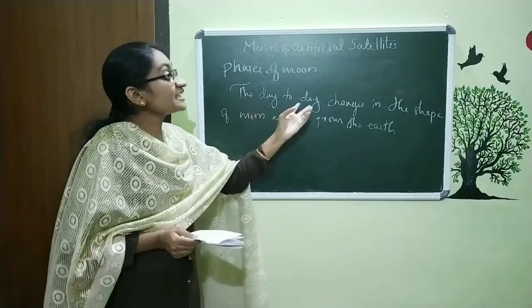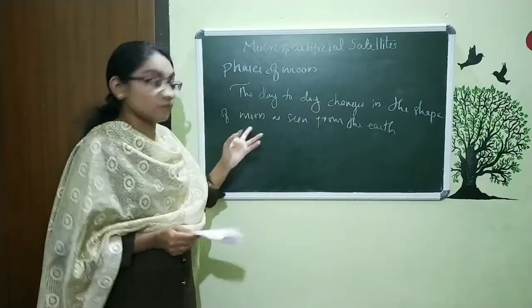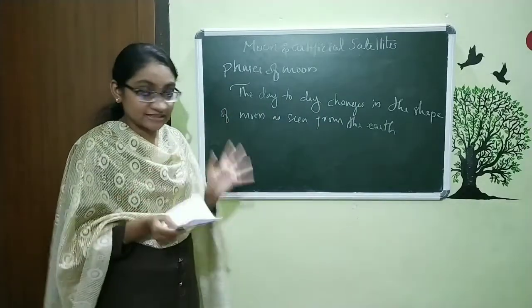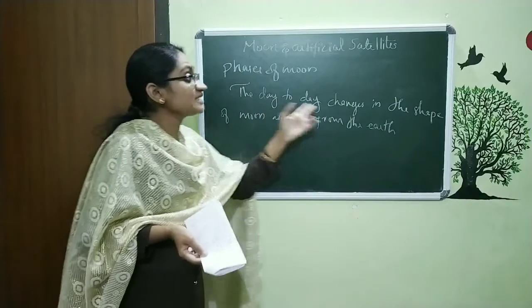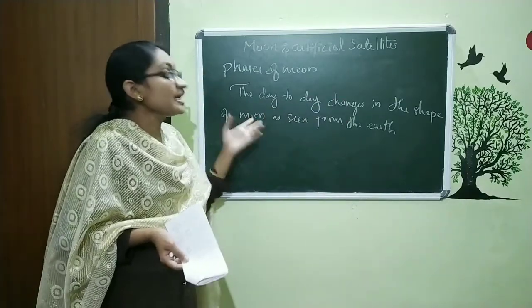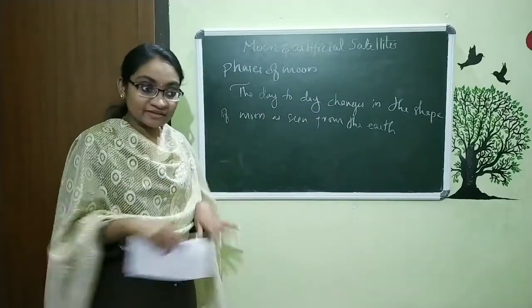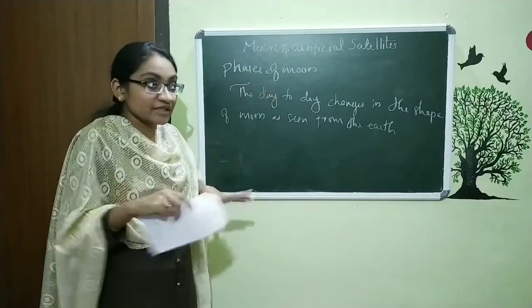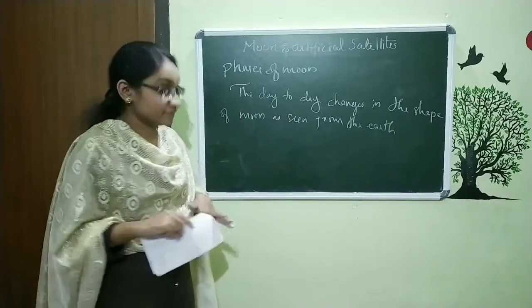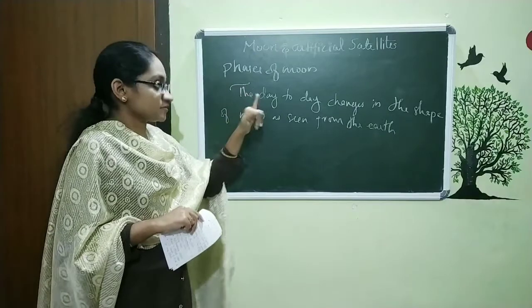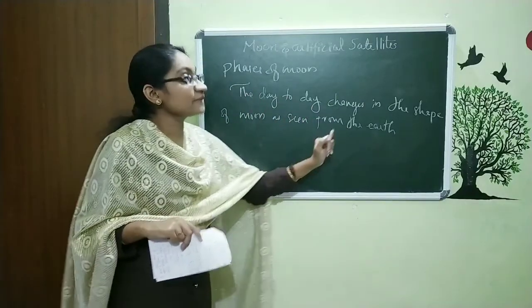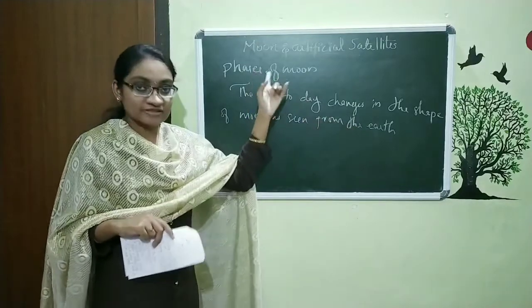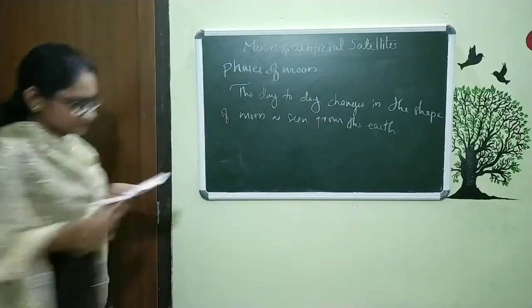The day-to-day change in the shape of the moon. We just feel that the shape is getting changed. So it is changing day by day. We are there on the earth and we feel it because we are there on the earth. So this is the definition for phases of moon. The day-to-day changes in the shape of the moon as seen from the earth is called what? Phases of moon. Very simple.